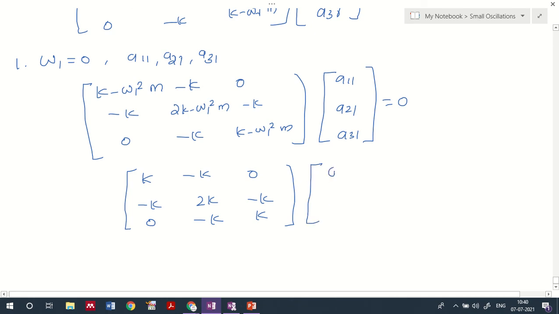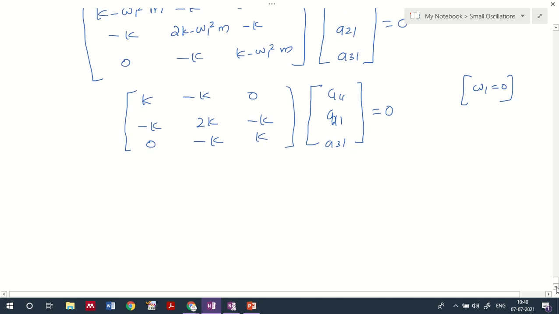So we can do the multiplication, a11, a21, then a31 will be equal to 0. So here omega 1 equal to 0. That's why we are getting this equation. Okay. And now if you do the determinant of this one, or rather you can just equate this equation with respect to 0, then we'll have k a11 minus k a21 is equal to 0, and that means, if you take k outside, a11 equal to a21.